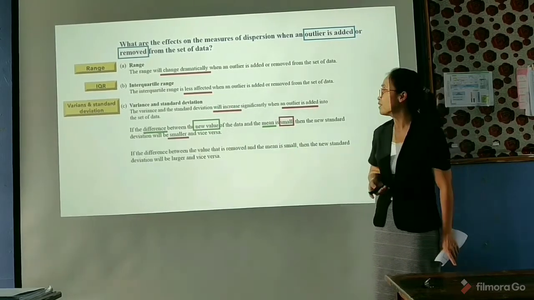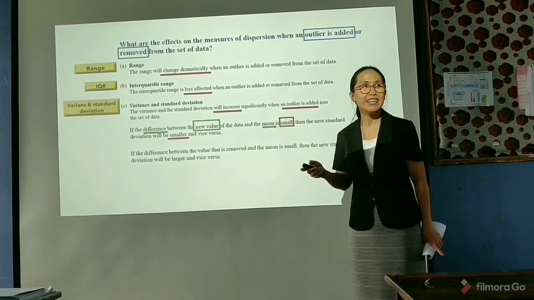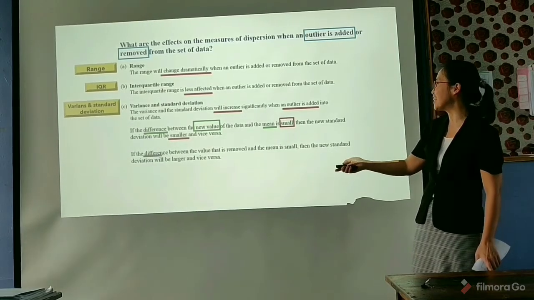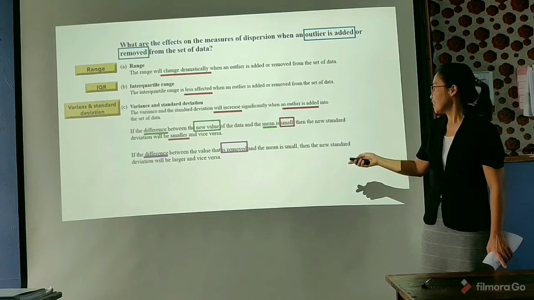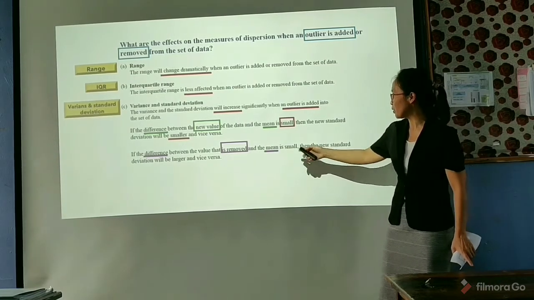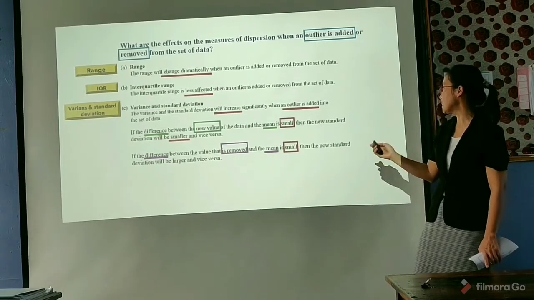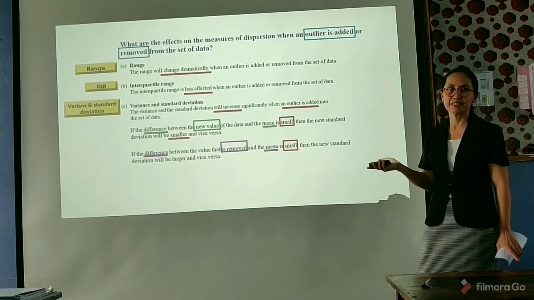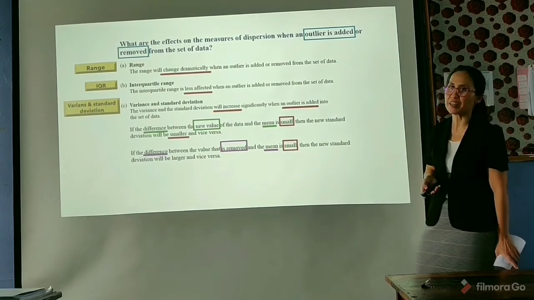And vice versa. If the difference between the mean and the value that is removed is small, the standard deviation will be larger. So this is your discovery for today.